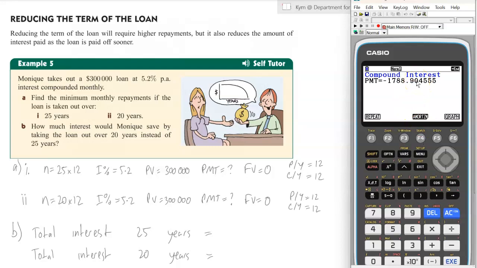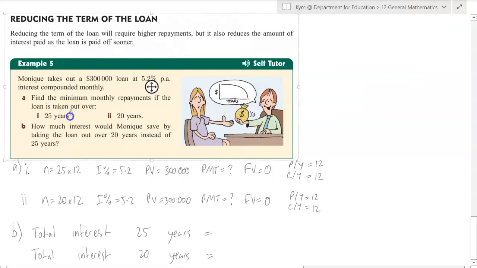Remember, when we are making repayments, we always round that up to the next cent. So $1,788.91 is the minimum monthly repayment based on paying that loan off in 25 years. So I'll just pop that up here, $1,788.91.